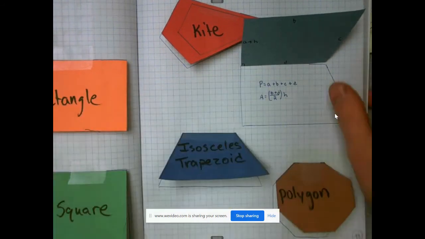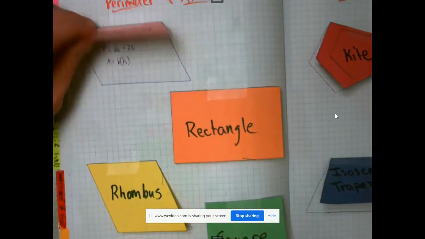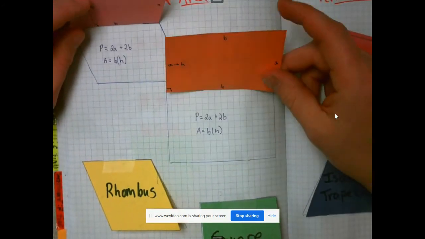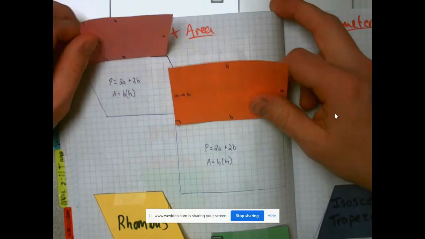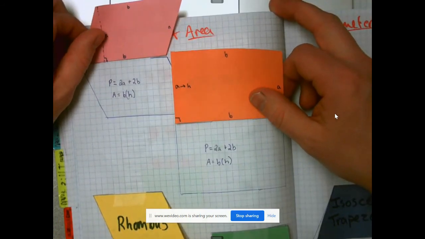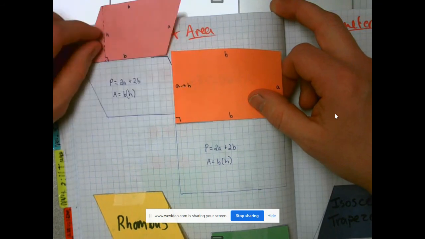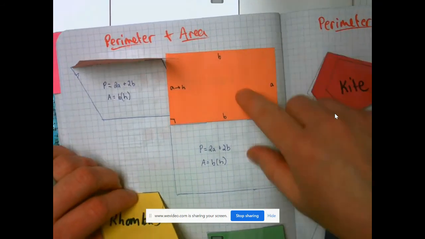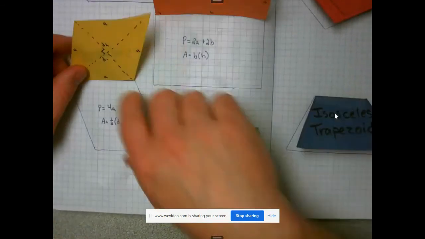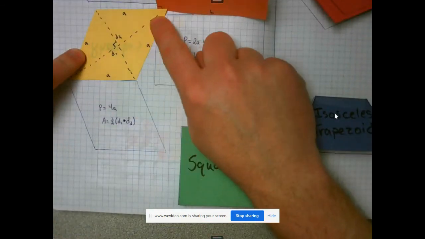We've done all of these, the parallelogram, the rectangle. So I'll go ahead and open it. If you don't have these, you can pause and copy those down. So there's your parallelogram. There's your rectangle. Your rhombus, we can have diagonals.